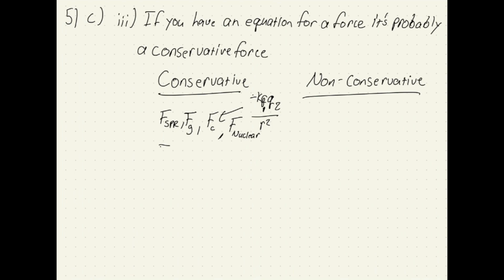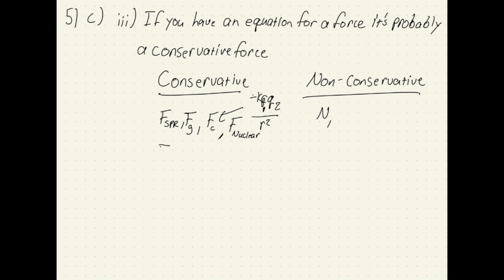These conservative forces all do not depend on how they got from point A to point B. They all depend only on where they were and where they end up. But a non-conservative force would be something like a normal force. We don't know how to calculate a normal force.